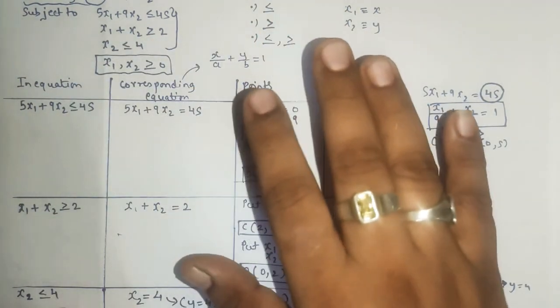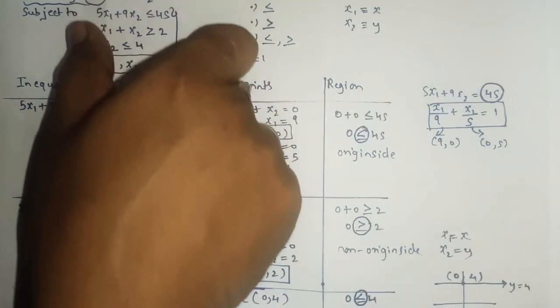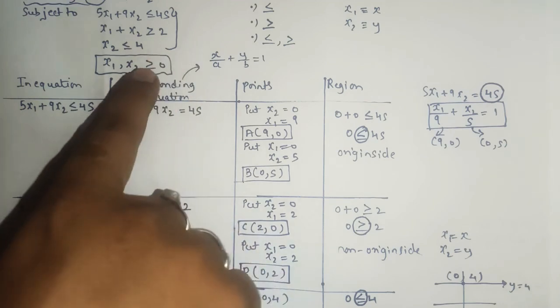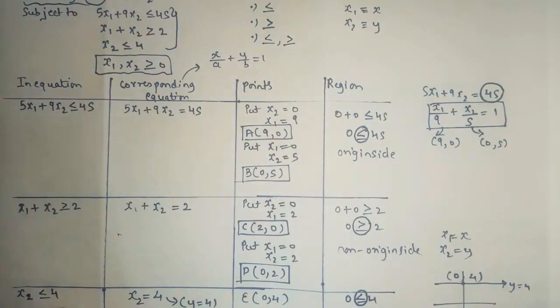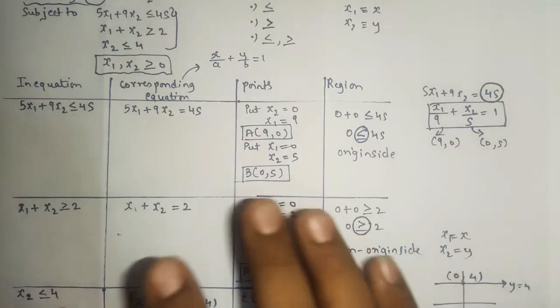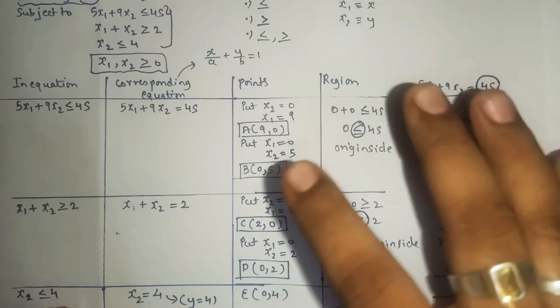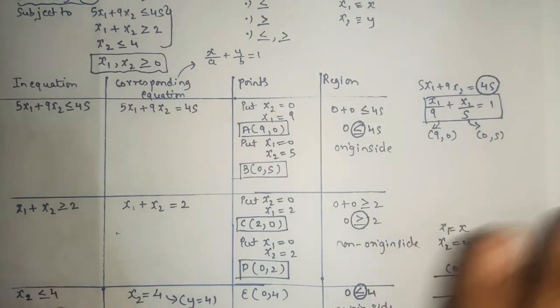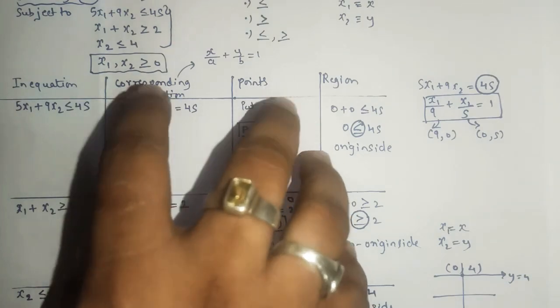For 3 to 4 marks sum, they will give the type number 1 only, this one. This type of sum will be there in the exam, not the word problem. Okay, in some board papers you will see the word problem also, but I will suggest that don't skip the sums based on the type number one. That means the graphical method.